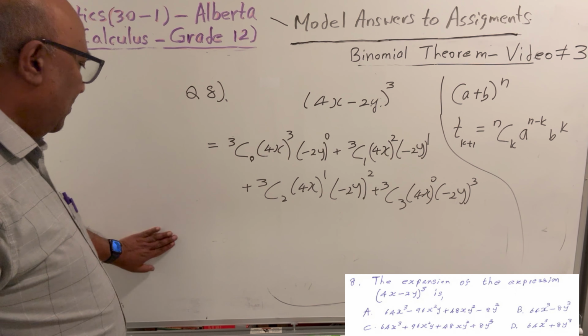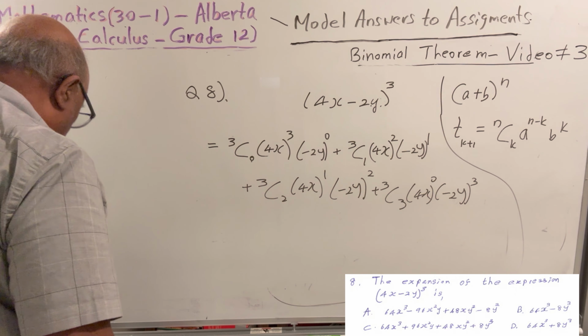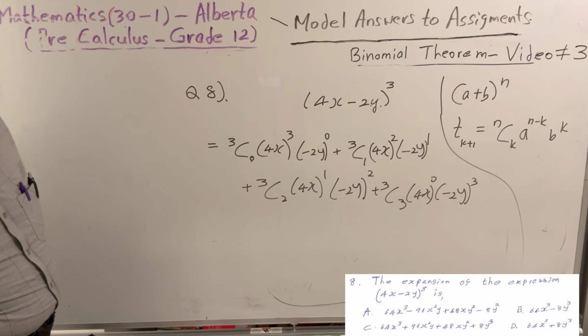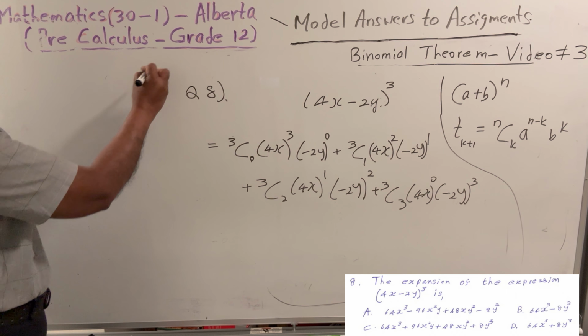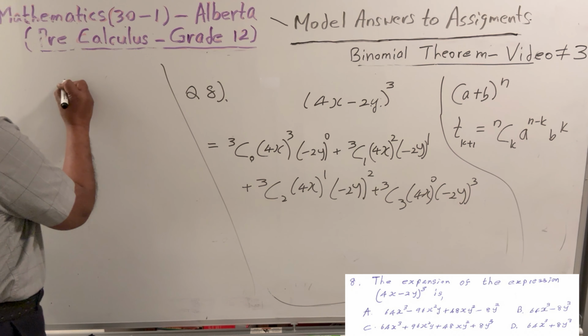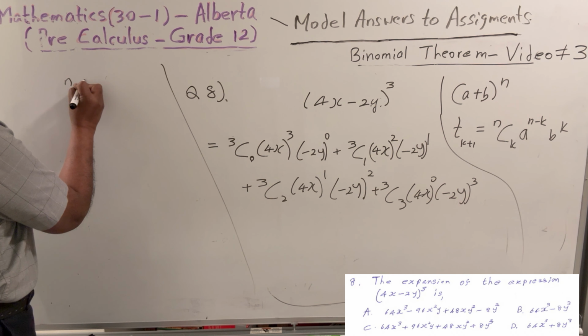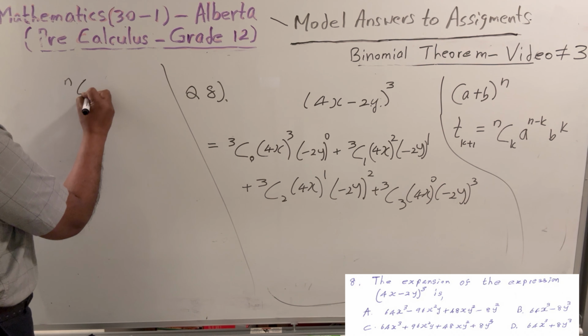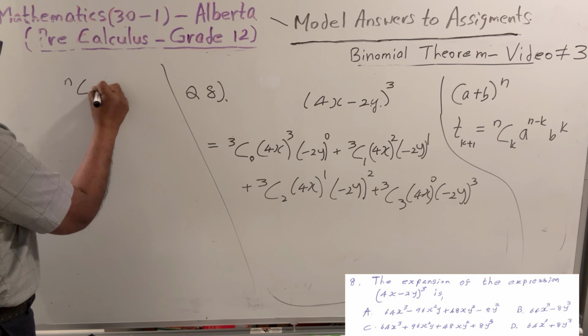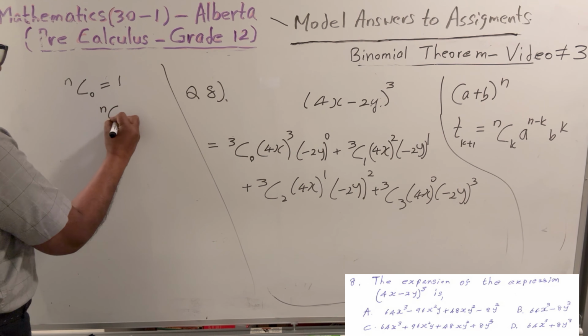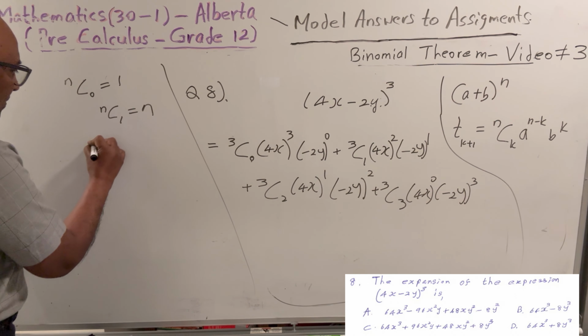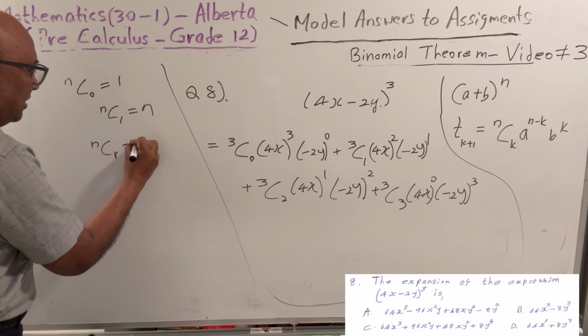Okay, let's input some values, because in my previous videos I have explained how to do this, the factorial. Otherwise, nC0 is 1. nC1 is equal to n. nCr equals nC(n minus r).